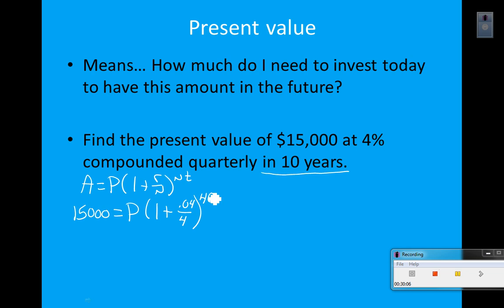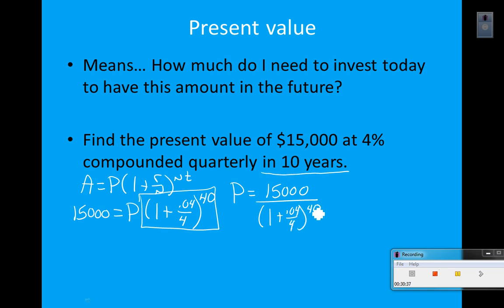Now look at that for a second, see if you can figure out how to solve it. It's really pretty easy. I need to get P all by itself, so I need to divide both sides by this quantity. So my P, the amount that I need to invest right here, right now, is going to be 15,000 over 1 plus 0.04 divided by 4 raised to the 40th.